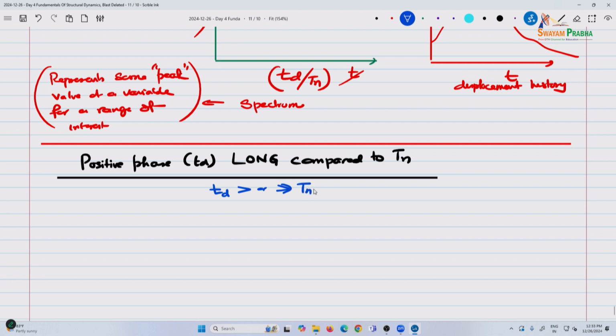Now we've got to go past the Tn by 2, but the Tn by 2 was applicable only for constant load, right. We haven't, so still elastic behavior.